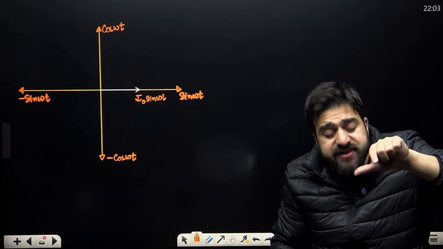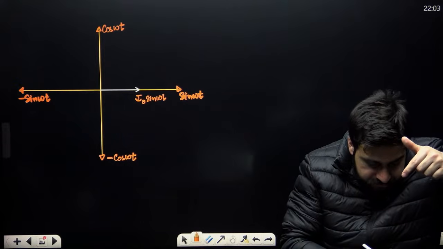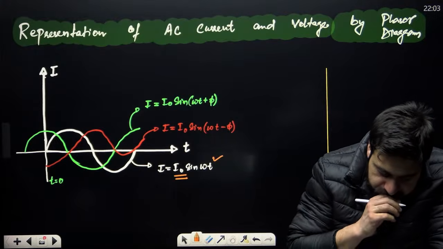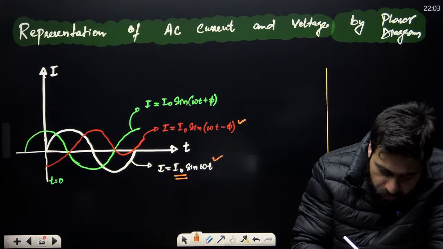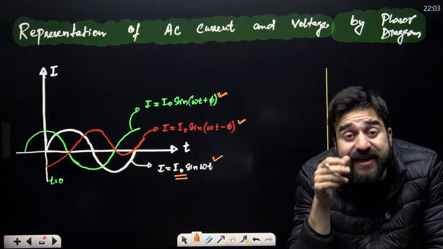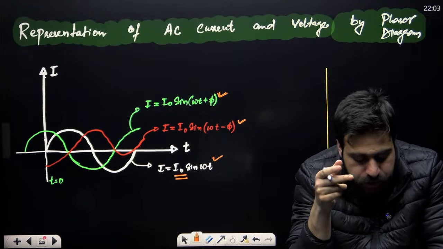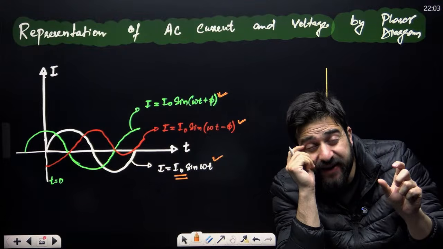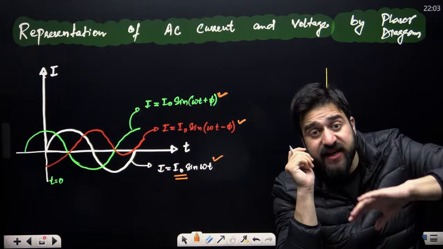And the second one is in I naught. If you check this one, sine omega t plus phi, it is in lead phi. So this current, which is sine omega t plus phi, it leads the previous current by phi.